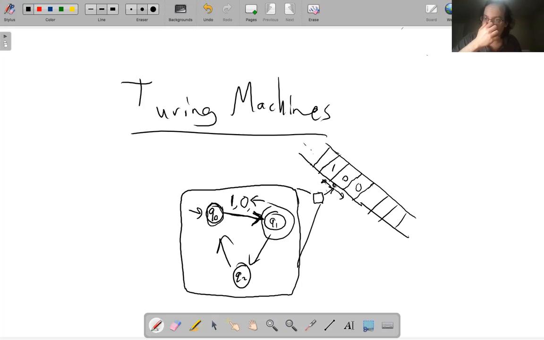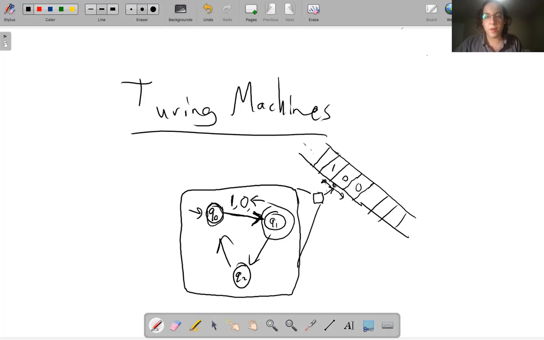Okay, so you can imagine this as kind of a physical machine, and that physical machine is small. It only has a fixed amount of internal memory, a fixed amount of internal states, but the tape is very large, so it can use the tape as sort of external memory.